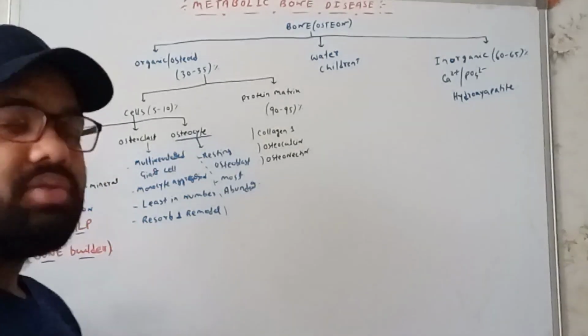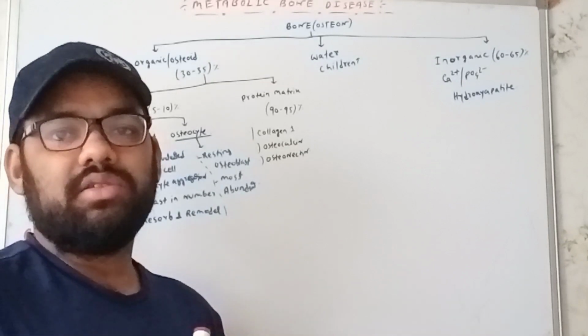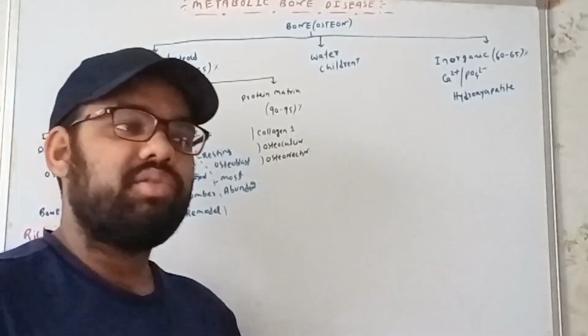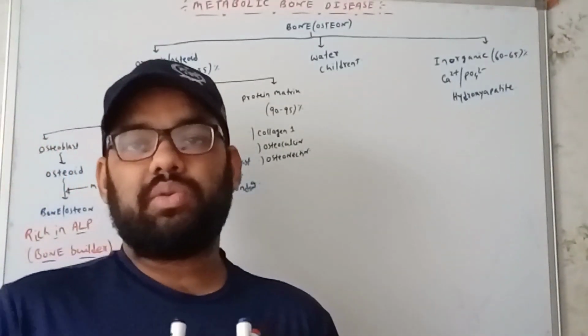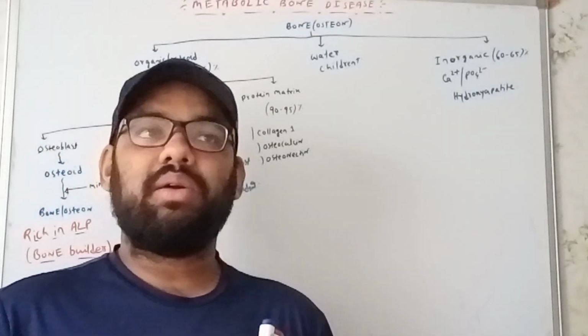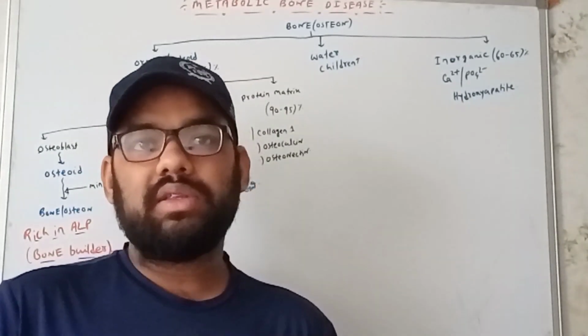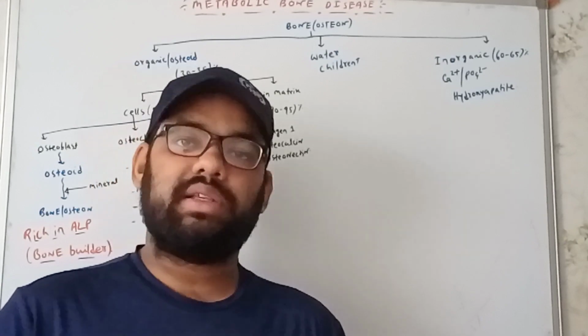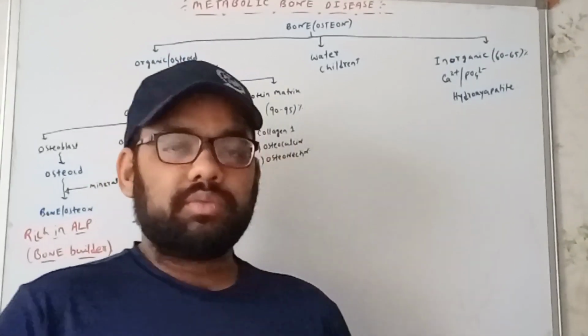Now the osteoclast. If we see, the main functions are resorption and remodeling. As we know, with increasing age, the bone should be regulated in such a way, in shape, that there should be bone turnover. To have bone turnover, there should be the functions of two kinds of cells, osteoblast as well as osteoclast.